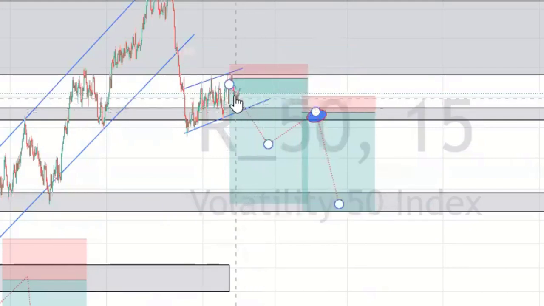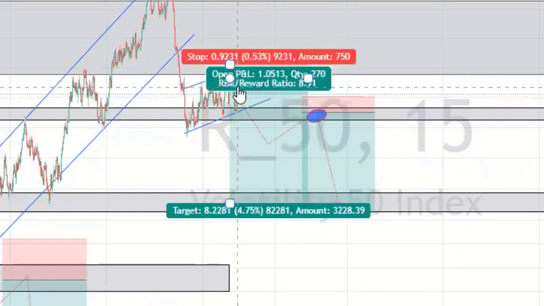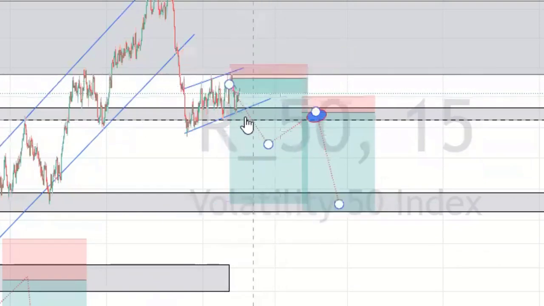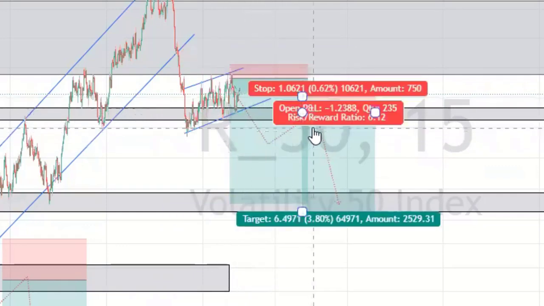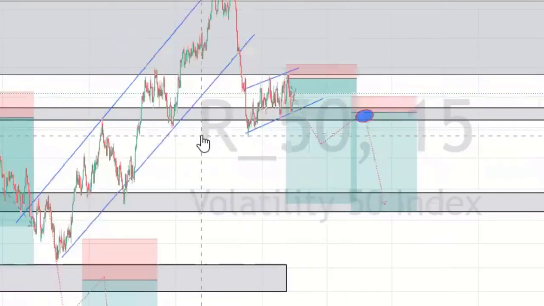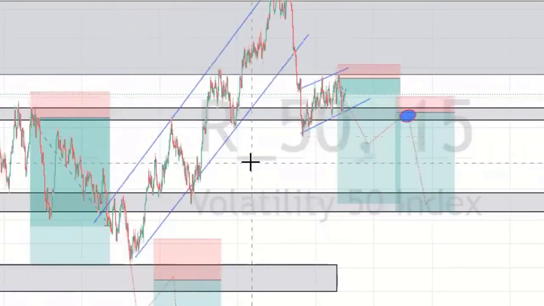Nevertheless, we are anticipating that the market is going to break to the downside, and once it breaks and we have a retest to this side, we are going to find another entry. So that's that on the Volatility 50 index.